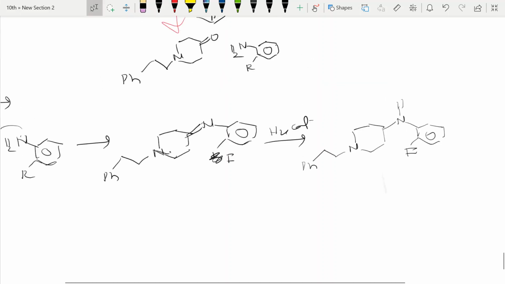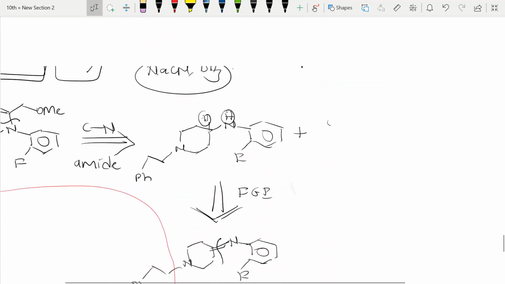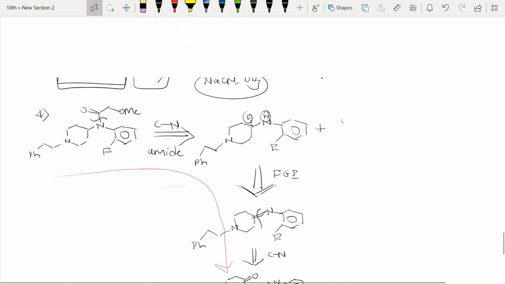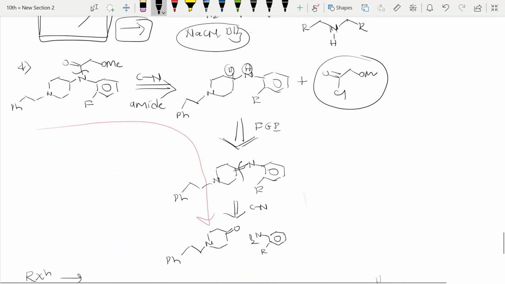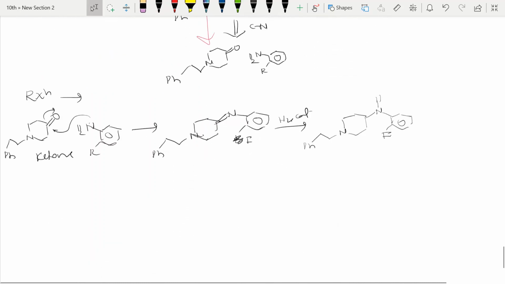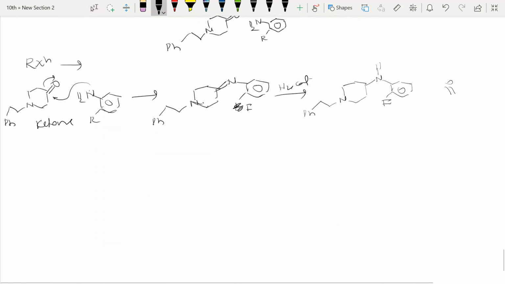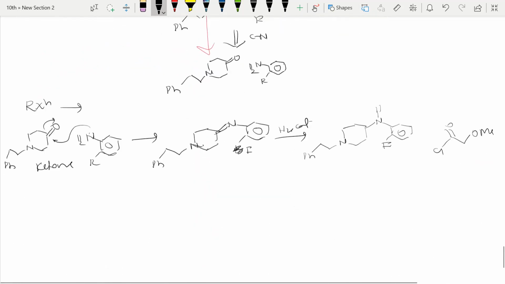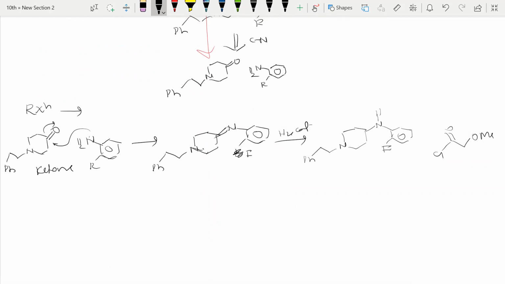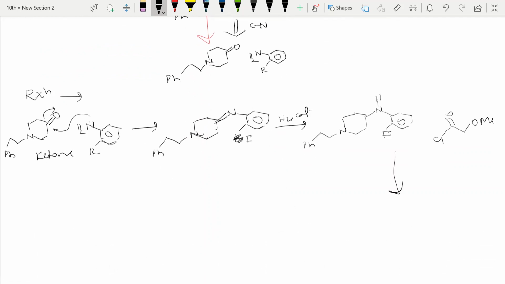Further, my target molecule is this one, right? So I got this reagent, and I am going to add Cl-CO-CH2OMe. If I add this, N-alkylation happens on this compound, and the reaction goes, and chlorine is a good leaving group.